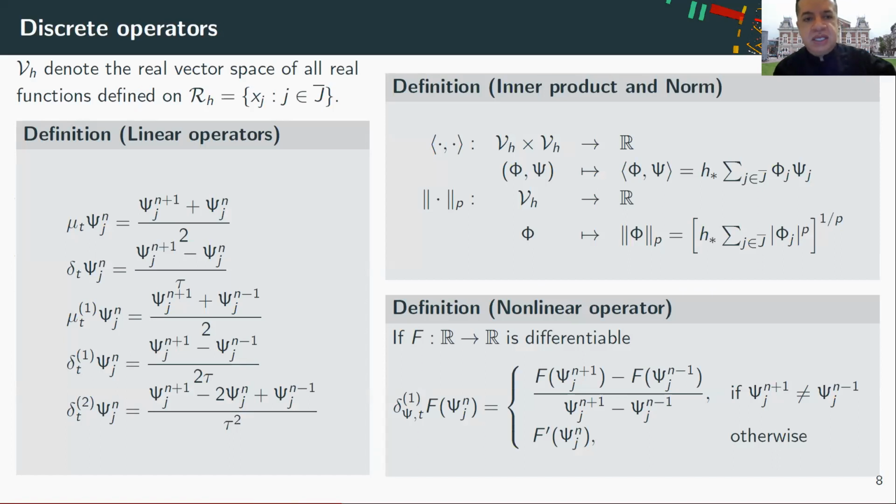And we define the following discrete operators, which can be expressed in the usual form. For the linear operators, we establish the inner product and the general p norm in this form, and this discrete nonlinear operator in order to express the difference for the function f in the original problem.